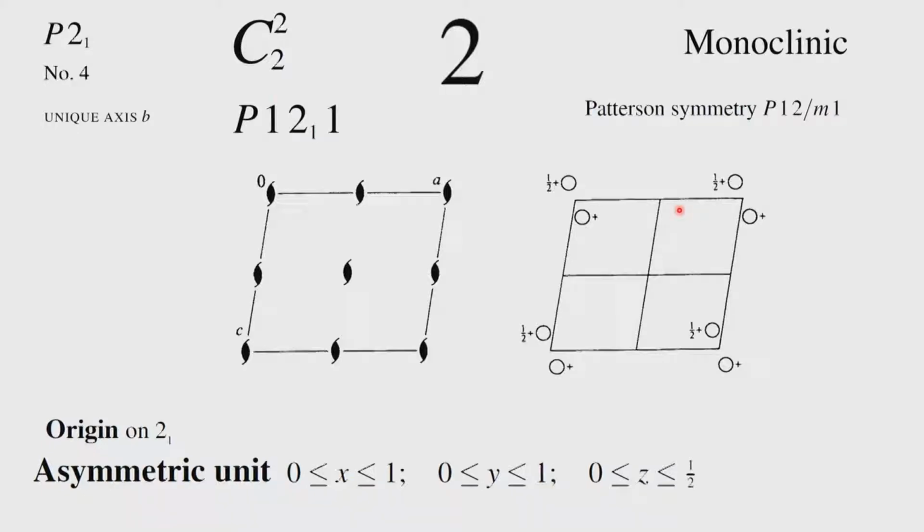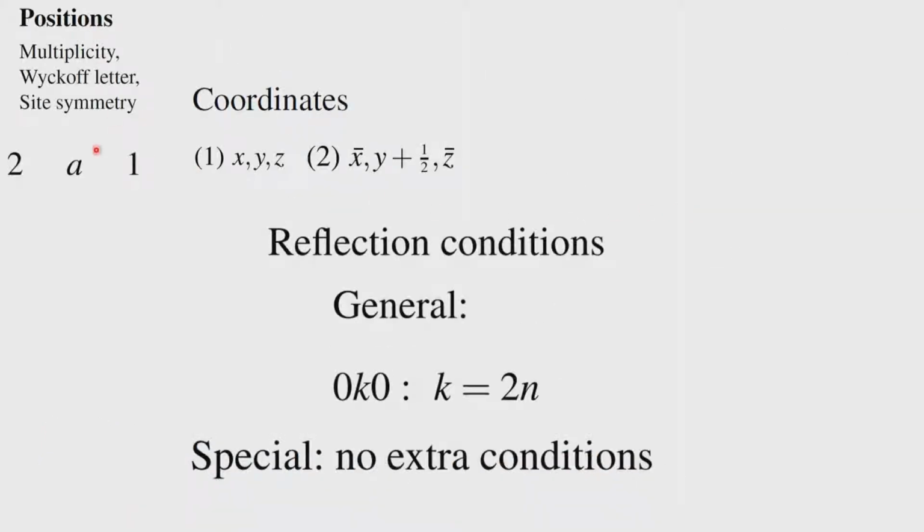The point group symmetry is 2, and therefore this has 2 positions, with no special positions. What is important now is the reflection conditions. For HKL, since there are no systematic absences associated with the primitive lattice, we have taken P21 as the example, no systematic absences will be there.